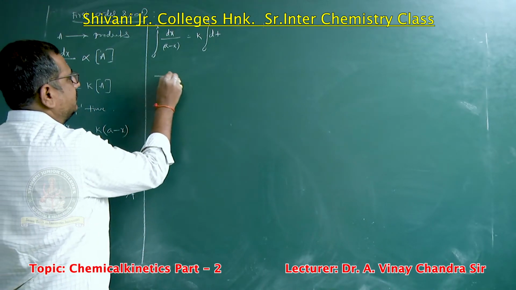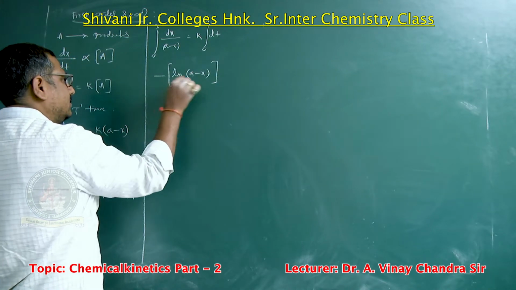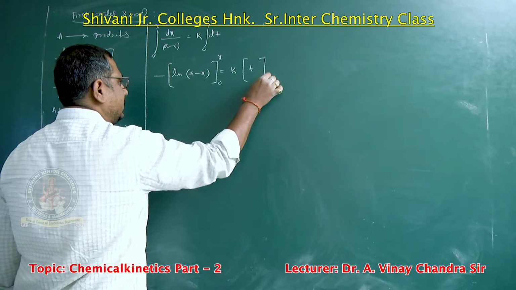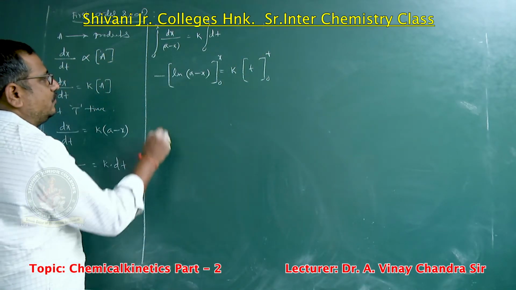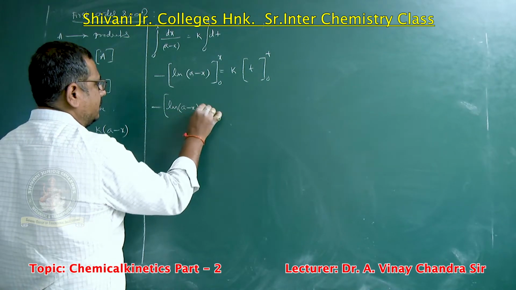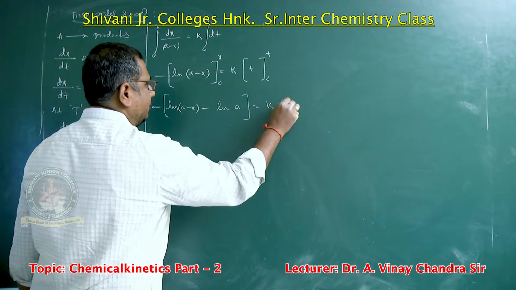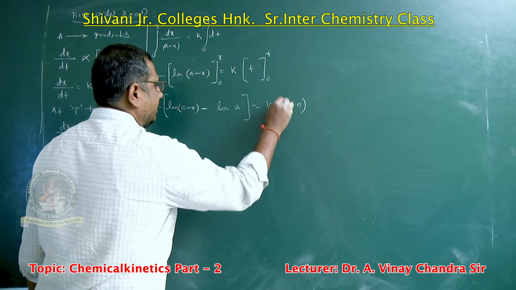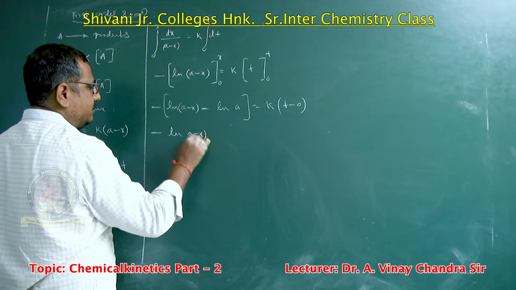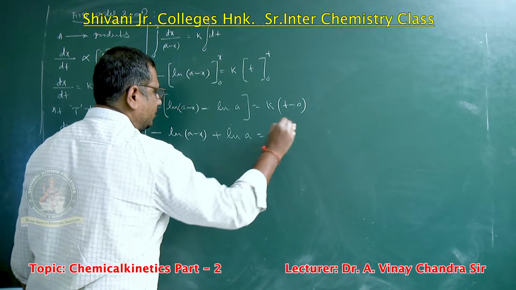The integral gives minus natural log A minus x from 0 to x equals k into t. Upper limit minus lower limit: minus natural log A minus x plus natural log A is equal to k into t minus 0.